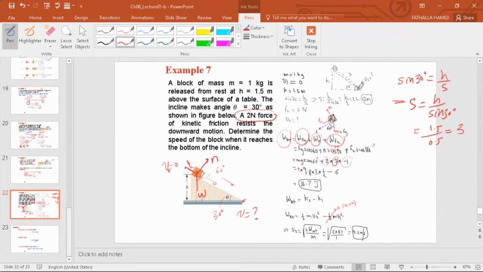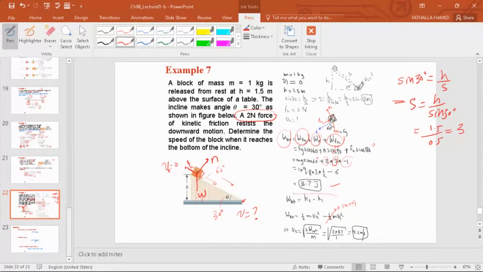So for the work done by the gravitational force, mass is 1 times 9.8 times 3, and cosine 60 is 1/2, minus 6. That's coming from the work done by the force of friction, 2 times 3 times minus 1, and this will give you 8.7 joules.